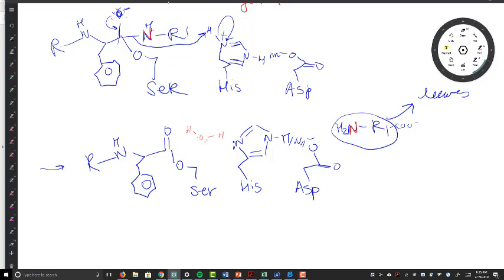Okay, great. Okay, so now we have water here. So what's going to happen is histidine, again, we're making histidine a stronger base because the aspartate's pulling on it. So the lone pair electrons on the histidine nitrogen are going to abstract a proton off of the water.